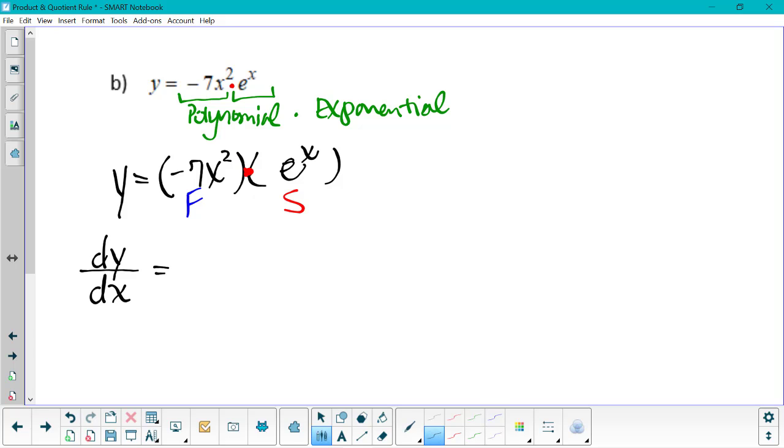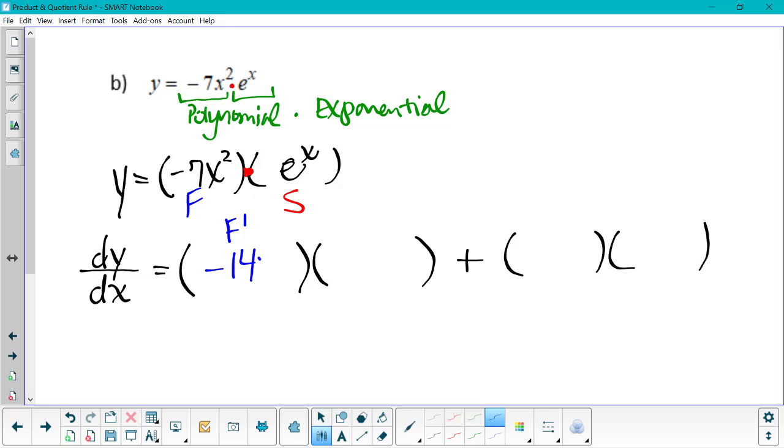My notation here is going to be, all right, so I'm going to take the derivative of the first function, which the derivative of negative 7x squared is negative 14x, using the power rule and all of our basic rules, okay, times the second function. The second function is e to the x.